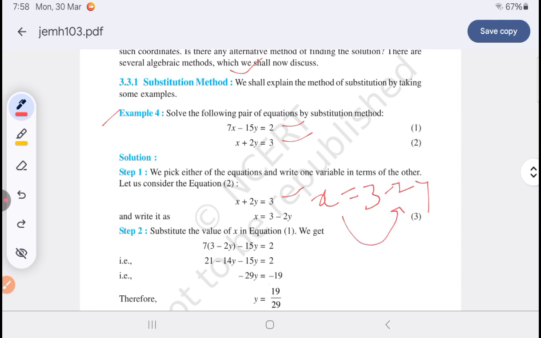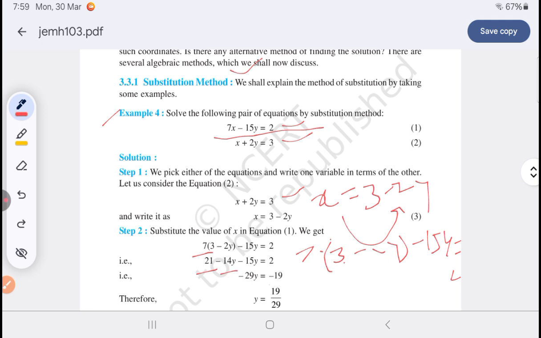Substitute this x in the first equation. In the place of x you put 3 minus 2y, so 7 times (3 minus 2y) minus 15y equal to 2. The x term is removed because we have put the value of x in the form of y. So 7 into 3 is 21, 7 into 2 is 14y, minus 15y.